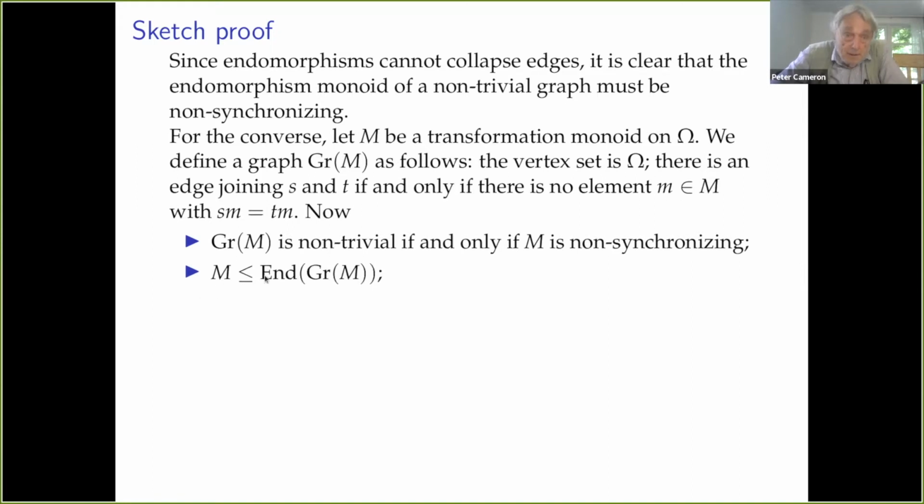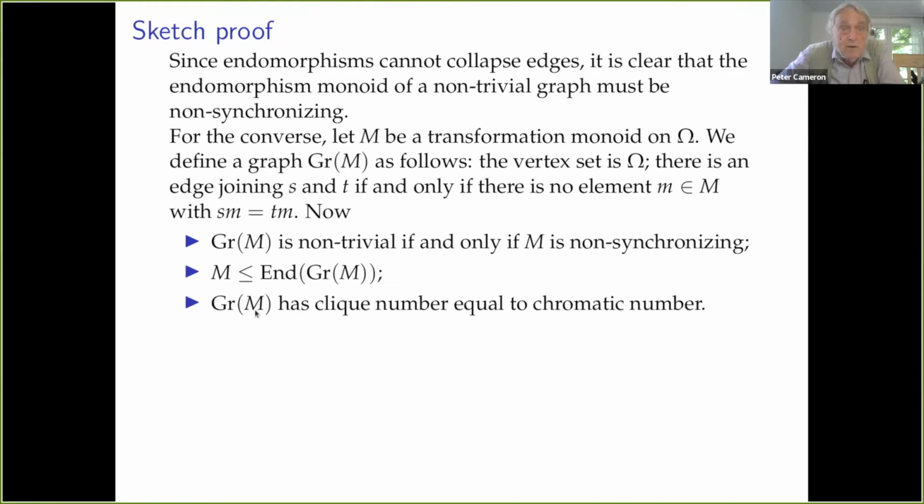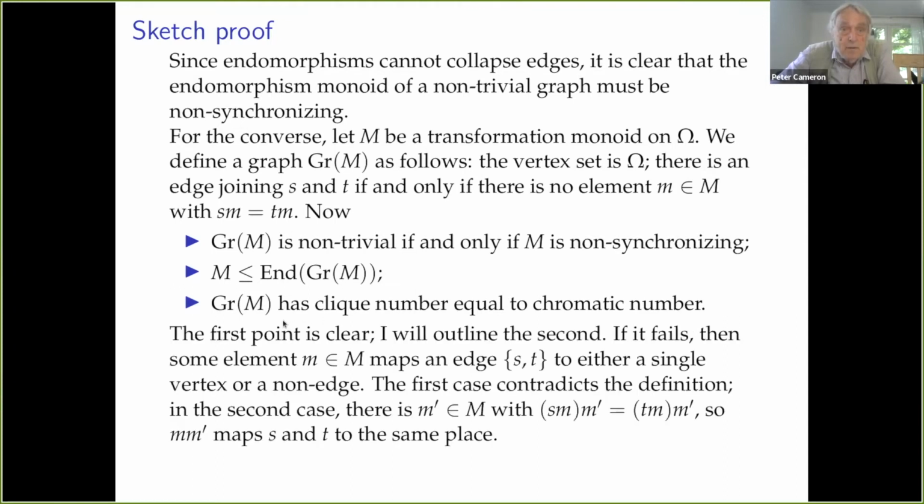Second thing, M is contained in the endomorphism monoid of this graph that we've just built. So you have to take an element of M and show that it maps edges to edges. And that's not so hard, you just do it. And finally, you have to show that this graph that we've built is weakly perfect. It has clique number equal to chromatic number. So that's what's needed to prove the theorem.